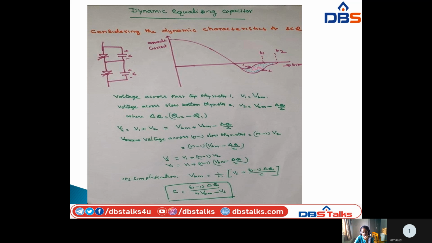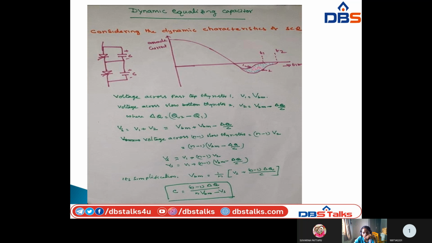The voltage across the second thyristor V2 equals VBM minus delta Q by C, where delta Q is the difference in charge between the capacitors. So V2 is calculated as the first capacitor voltage minus the total change in charge by the capacitor, where delta Q equals QT minus Q1.